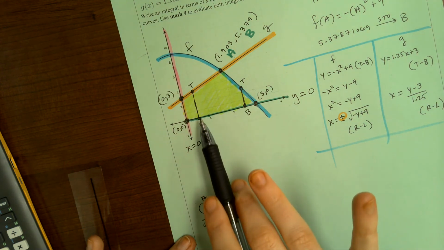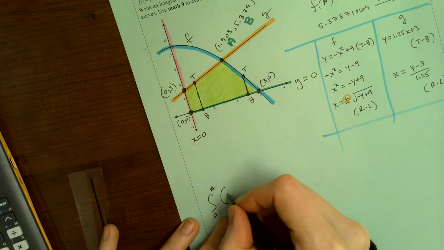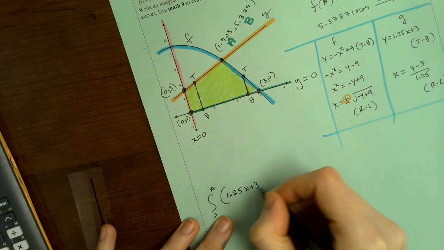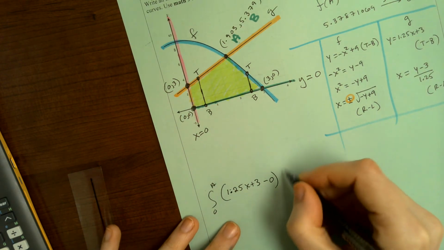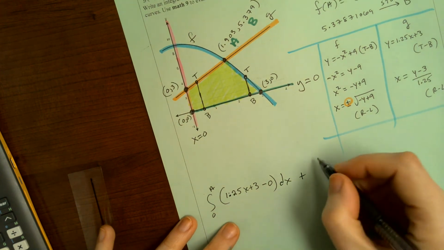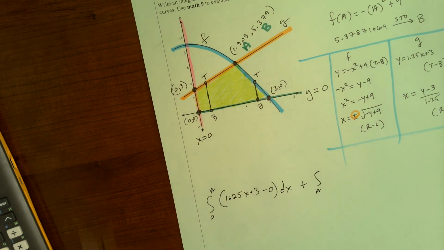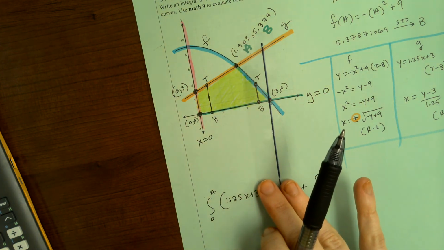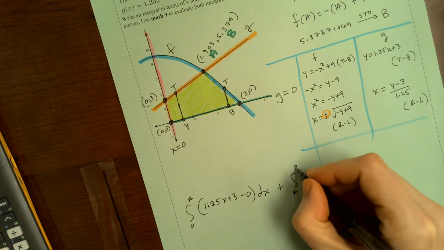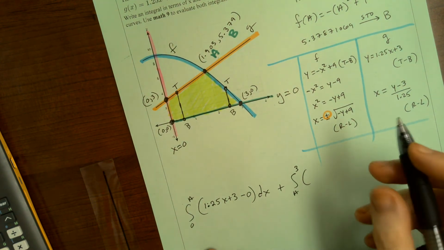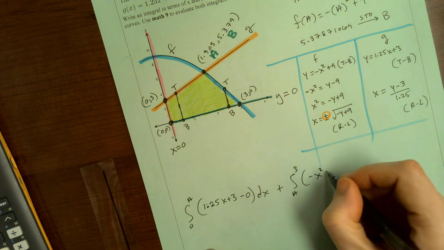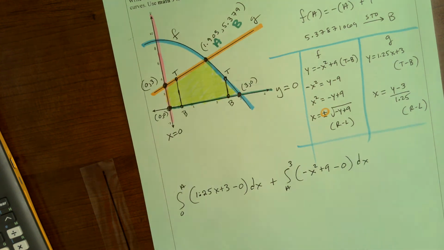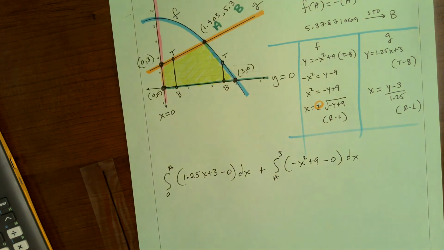So it's going to be this function minus 0: 1.25x plus 3 minus 0. You don't have to write the minus 0. Plus the integral from A, picking back up at A and going all the way to 3. This time the top is negative x squared plus 9, and the bottom is 0. Okay, dx.